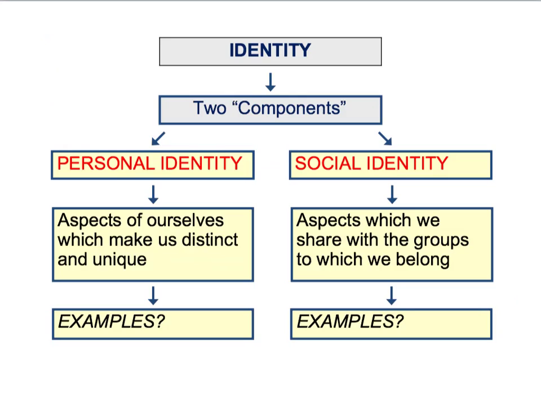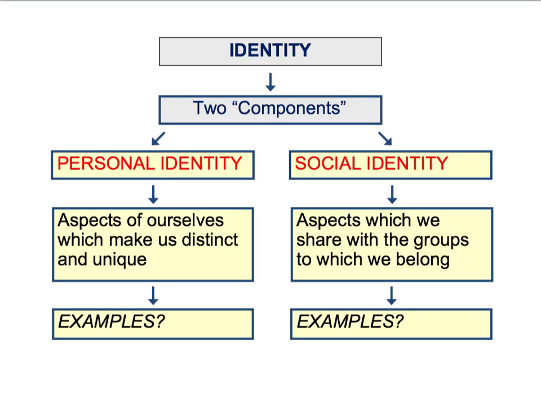Firstly, you've got your personal identity, and this refers to aspects of ourselves which make us individual, which make us distinct and unique. And this might include things like aspects of our appearance, our personality, our own unique personal biography and experiences. And then on the other hand, you've also got our social identity.